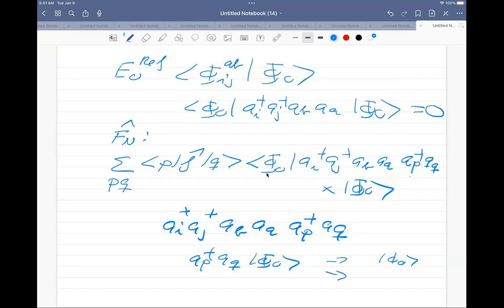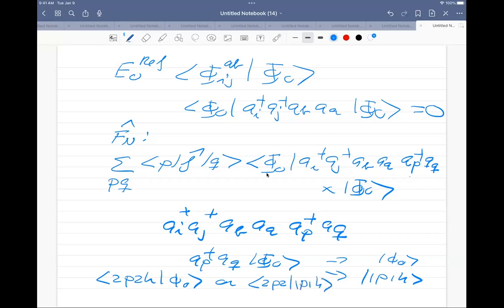Alternatively, P could be a particle state and Q could be a hole state. And then I would get a one particle, one hole state. I'm just going to write it like that. But what you have on the bra side is a two particle, two hole state. So what you would end up taking the overlap of is either this, or two particle, two hole with a one particle, one hole.